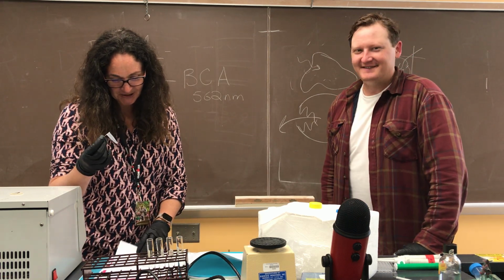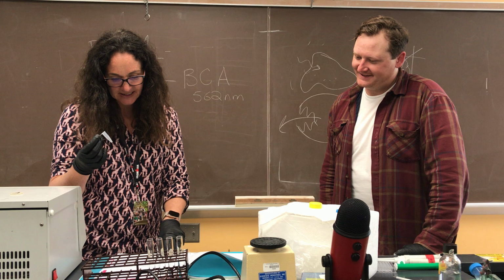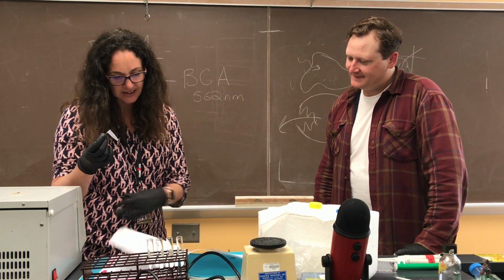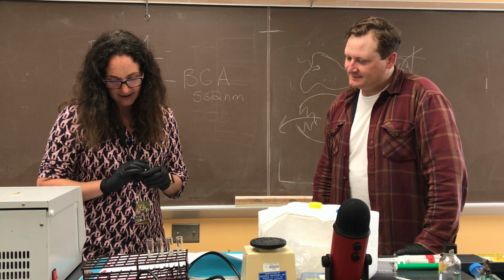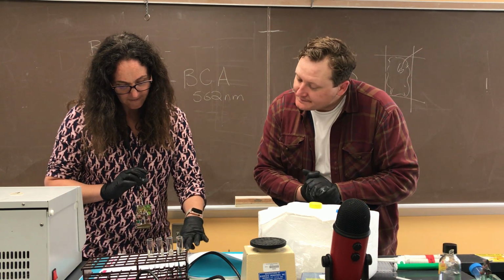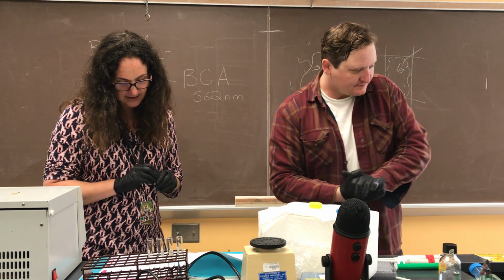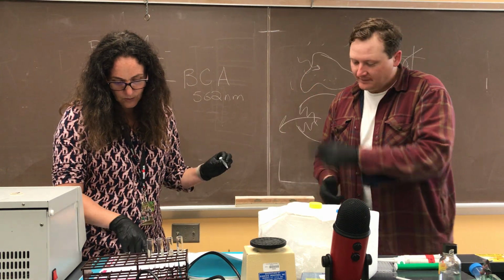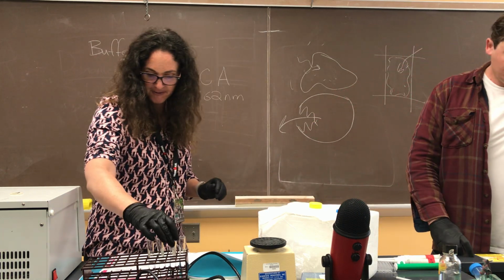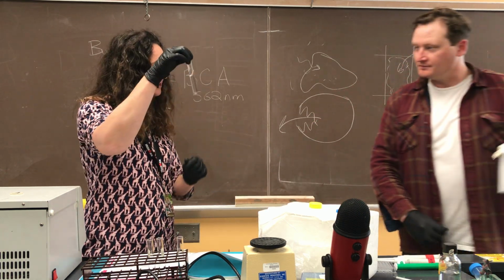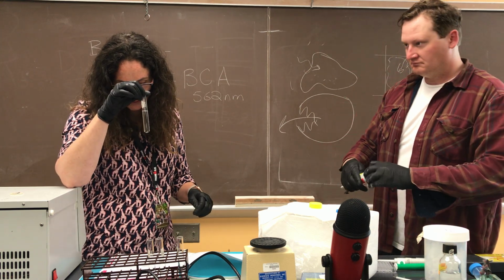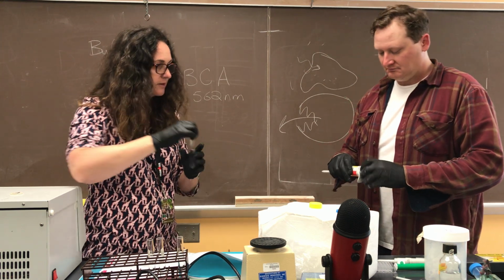Alright, so what we're going to do first is the serial dilutions of BSA. So what volumes do we need here? We are going to put 100 microliters of buffer number 2, which is the isotonic buffer, into 8 tubes.